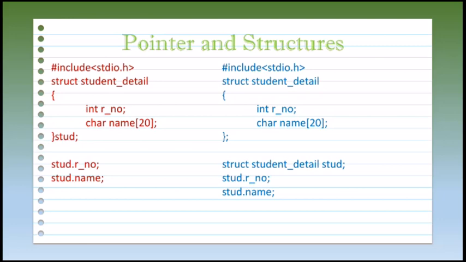Now we will see how we can use a pointer in the structure. This is the example for that. Here again we have declared a structure data type with the same name, student detail, and there are two members, R number and name.